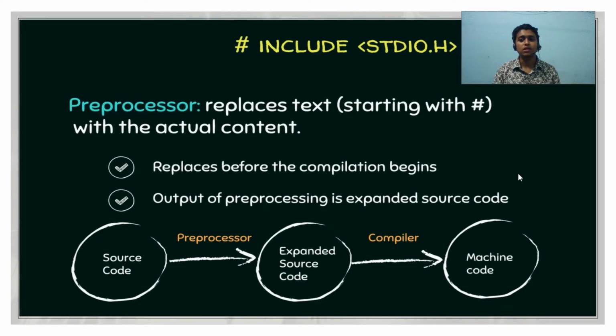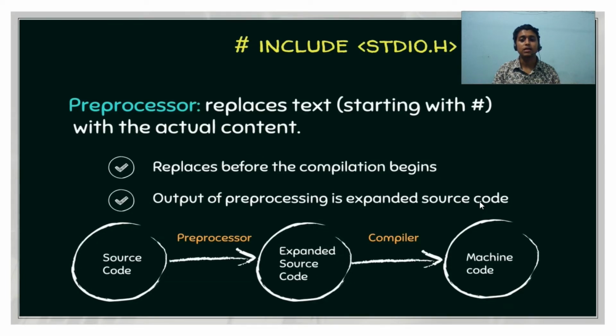This obviously increases the size of the actual file. After that, it sends the code to the compiler, and the compiler does its normal processing, converting source to machine code. Therefore, #include simply requests the preprocessor to include the file stdio.h.